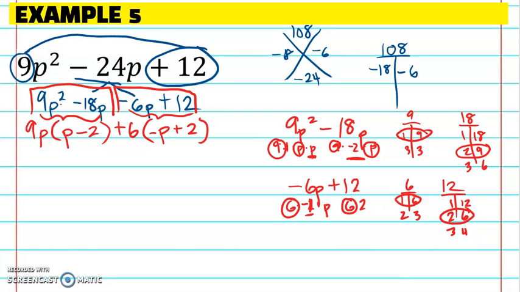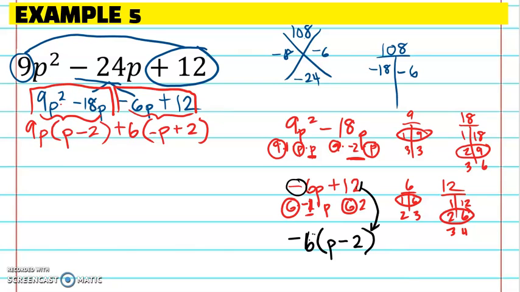Let's see if you remember. If they look the same but the signs are opposite, that means I could pull a negative out, right? Because if I pulled out negative 6 instead, negative 6 times p is negative 6p, and negative 6 times negative 2 is still positive 12.